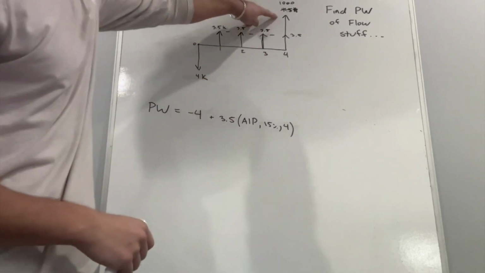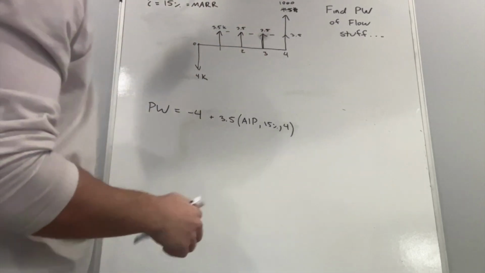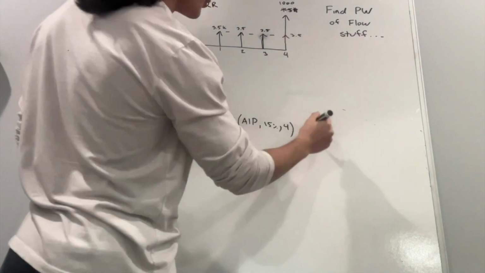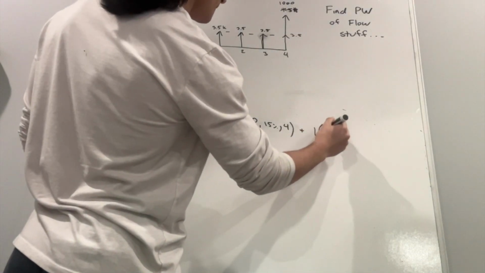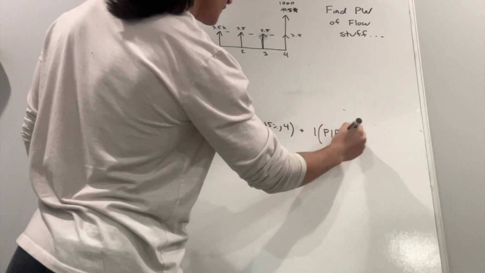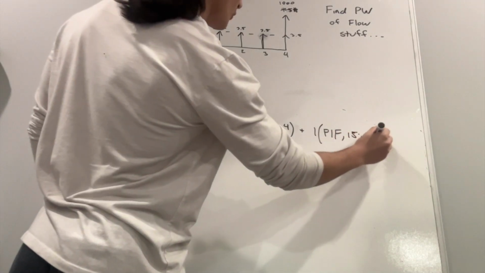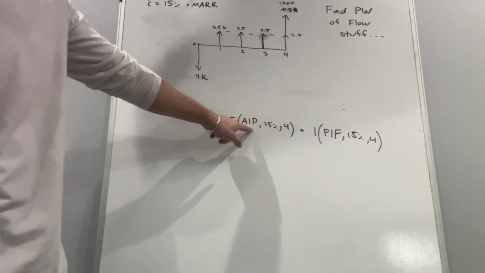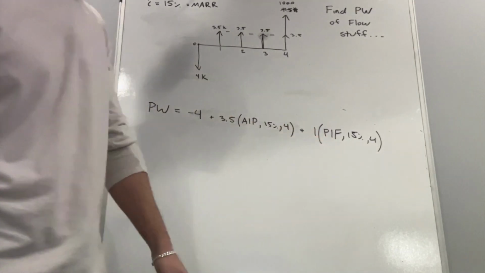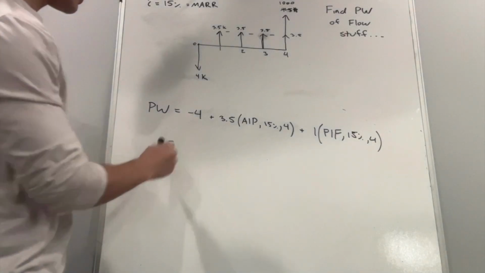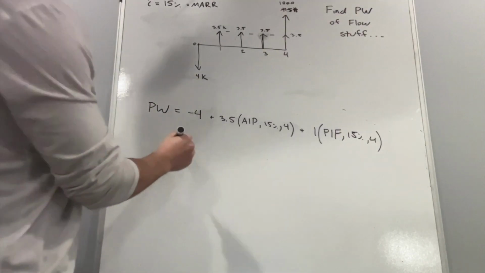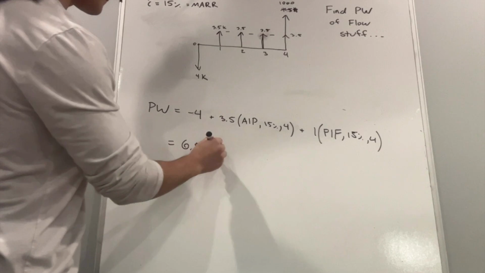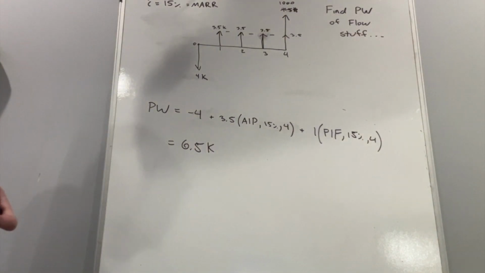And then for this one, you're bringing it back 1, 2, 3, 4, so that's also going to be plus 1 P given F, 15%, 4. If you plug in the equations for these from the formula sheet, you should get 6.5k, which is the answer.